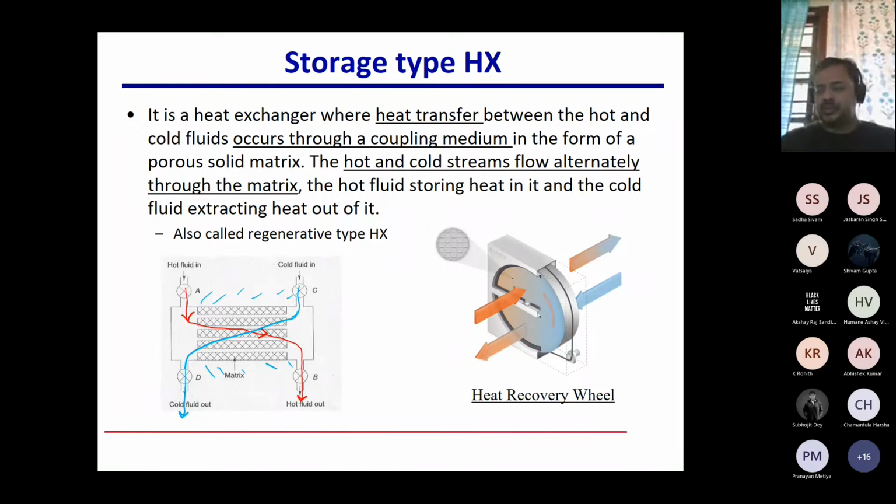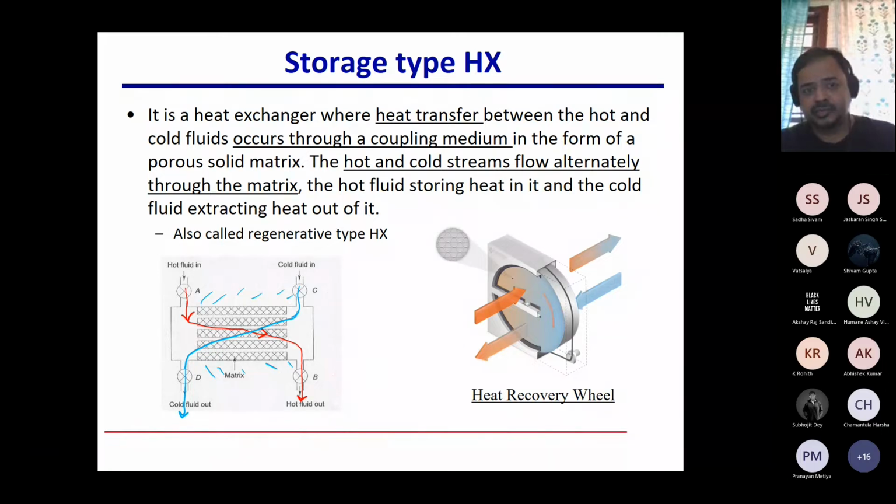When the hot fluid flows through the top half, the matrix gets heated because it absorbs the heat from the hot fluid. But when it rotates and comes down, it rejects that same heat to the cold fluid, which now becomes hotter. So this is also storage type, in the sense that the heat is stored by one half of the rotating wheel, and rejected in the other half.